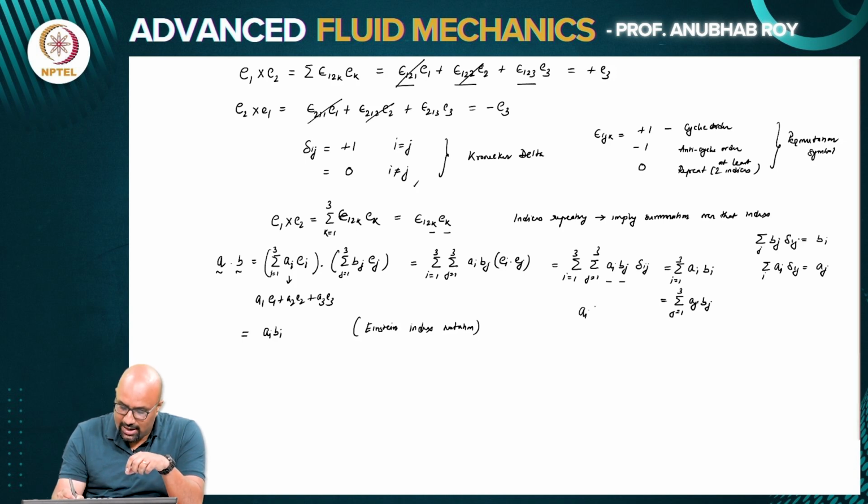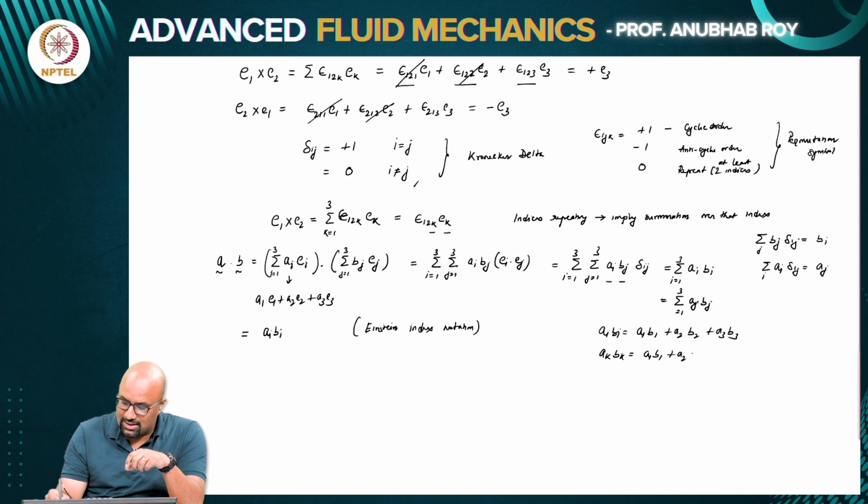So, Ai Bi, we all are going to agree, means A1 B1 plus A2 B2 plus A3 B3, and that would be exactly the same if you wrote it as Ak Bk.